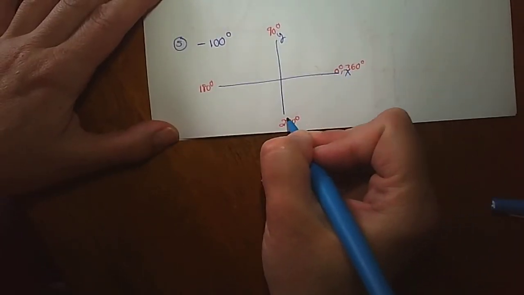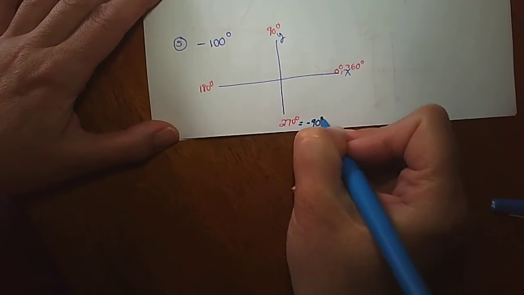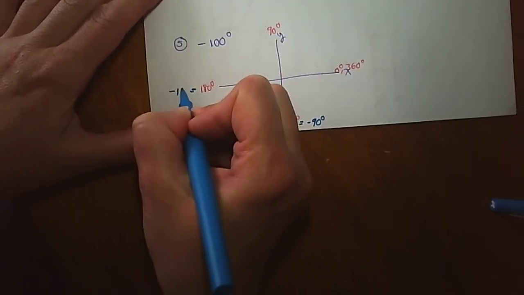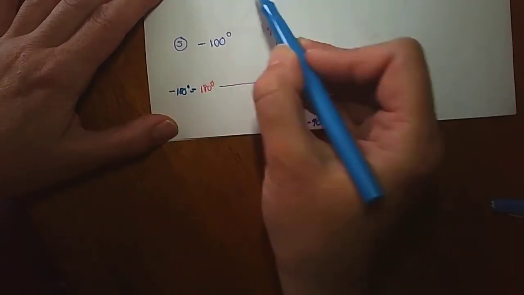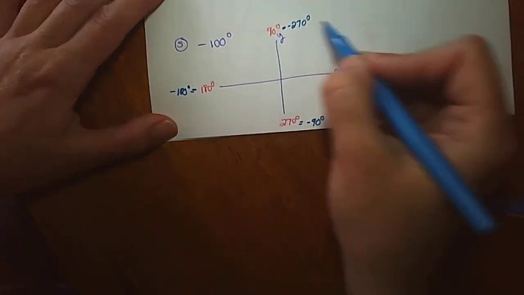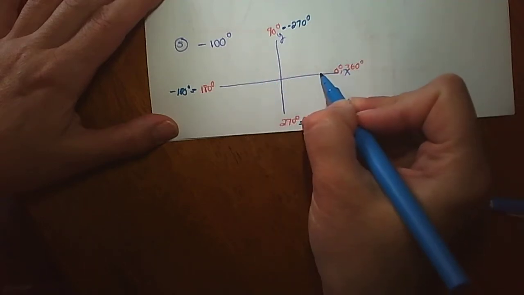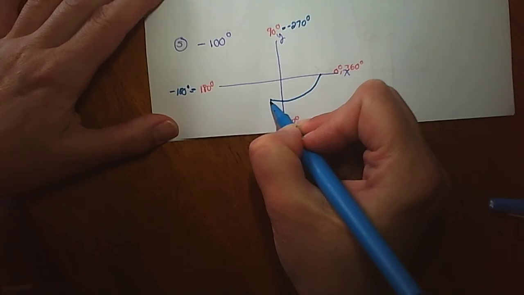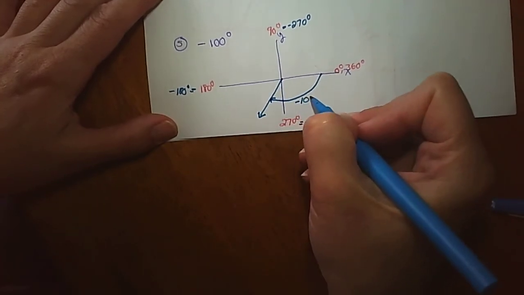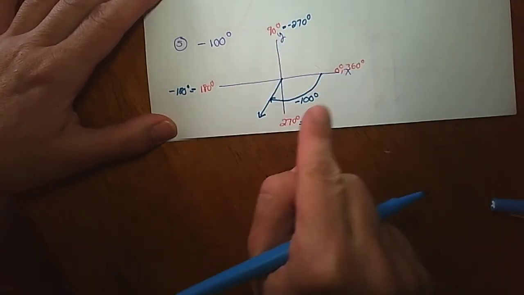If I have to go backwards from here to here, 270 is the same as negative 90. This way, 180 is the same thing as negative 180. 90 is the same thing as negative 270, and here would be negative 360. So negative 100 means I'm going backwards this way to about here, right past the negative 90 line. So this would be negative 100. So that's why you'll want to show the curve so I know which direction you're moving.